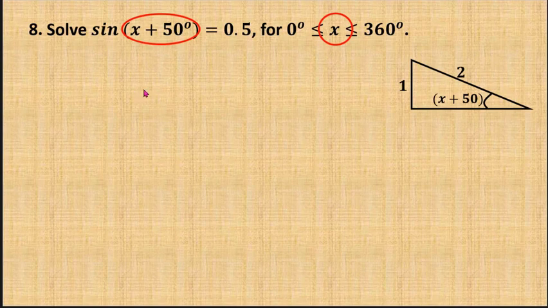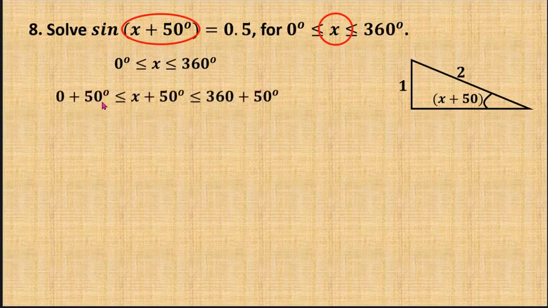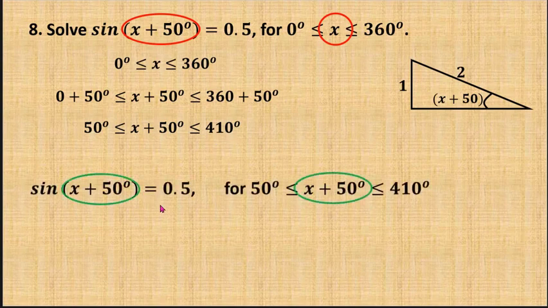It is given that x is from 0 to 360. If 50 is added to all values in the range, then I get the range of x plus 50. So 0 plus 50 is equal to 50, and 360 plus 50 is equal to 410. So, this is the range of the angle.